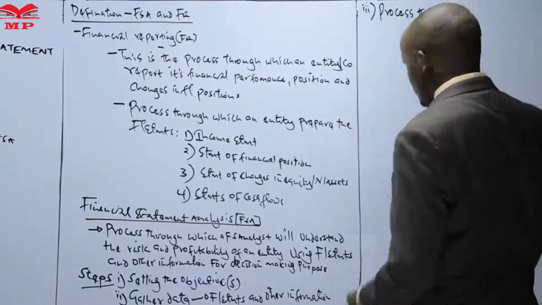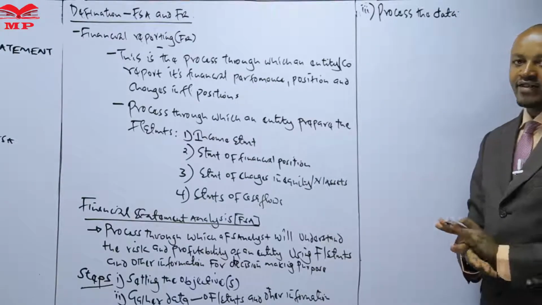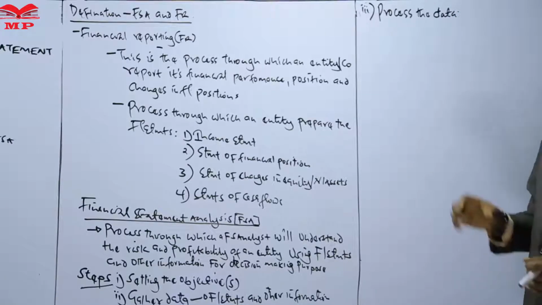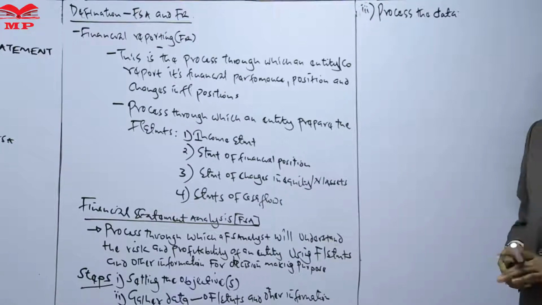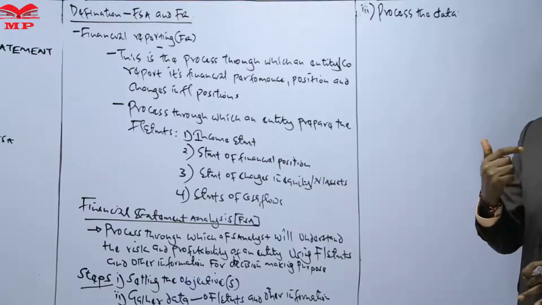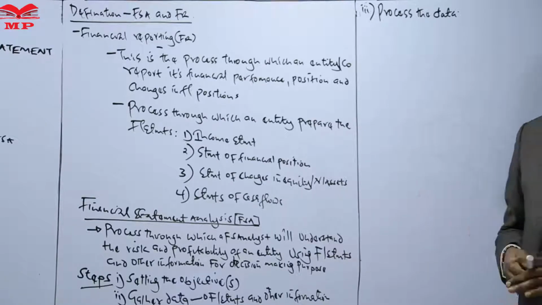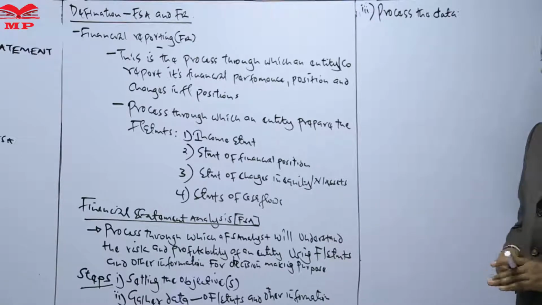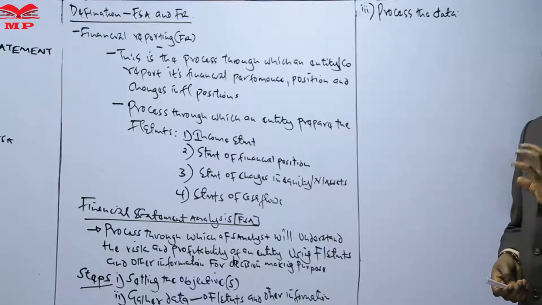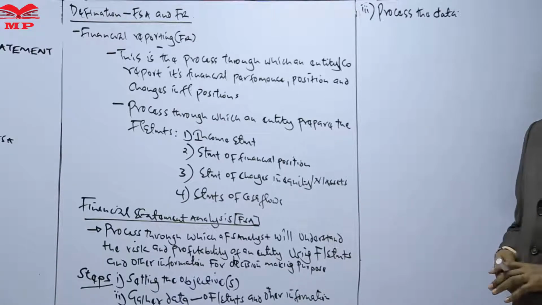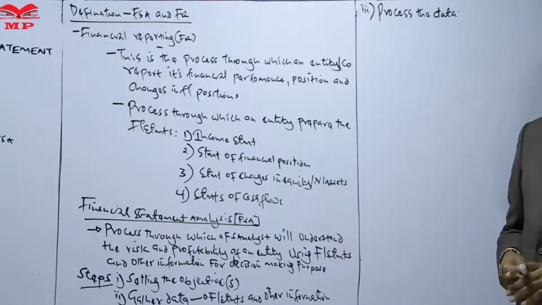When we talk about processing the data, this is whereby the financial statement analyst will be required to process that data, using various accounting tools and techniques, such as ratio analysis and common size analysis. We are going to look more at that later on. We'll use them to analyze the financial statements.